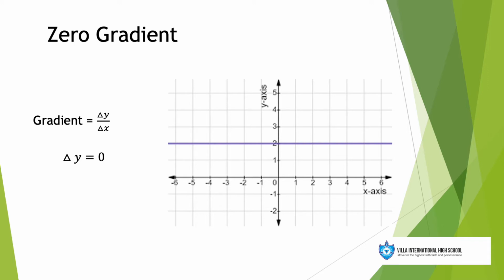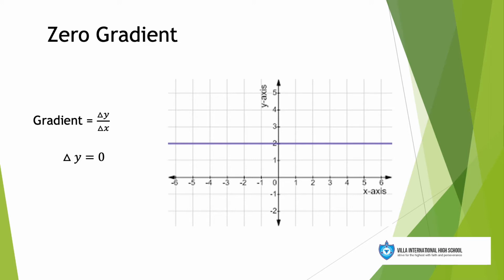In this graph we can't see any change in the y-axis, which means delta y is equal to 0. If delta y is 0, then the gradient will be 0. So please remember, a horizontal line means zero gradient.